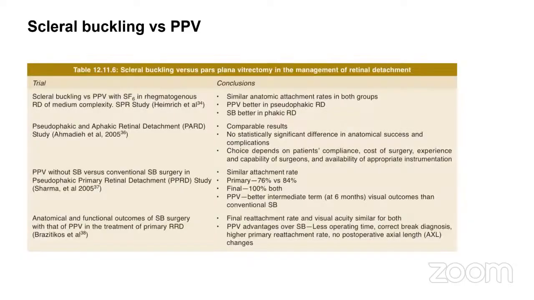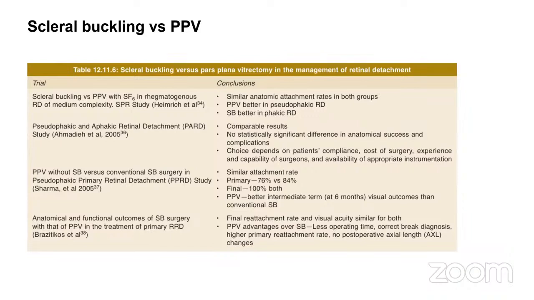So comparing scleral buckling with pars plana vitrectomy, in scleral buckling versus pars plana vitrectomy with SF6 in rhegmatogenous RD of medium complexity, it was concluded that there are similar anatomic attachment rates in both the groups, and PPV is better in pseudophakic RD, and scleral buckling is better in phakic RD.